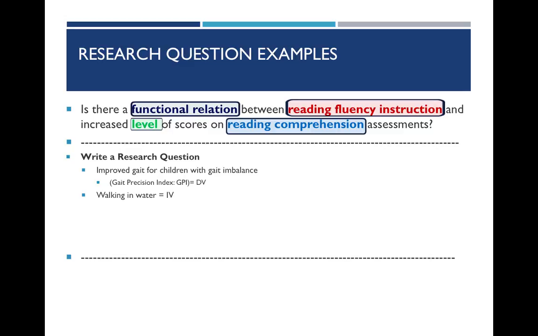We're going to say we have a measure of gait precision. The Gait Precision Index, GPI, is a measure of the extent to which a child is walking with a typical gait. Now, the independent variable, in this case, is training in which the child walks in water.